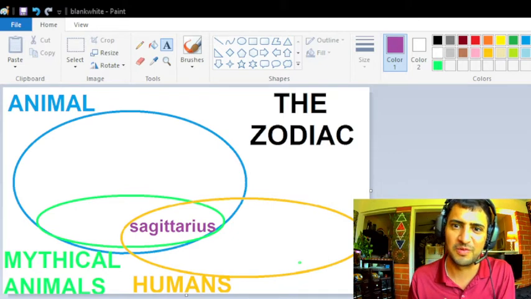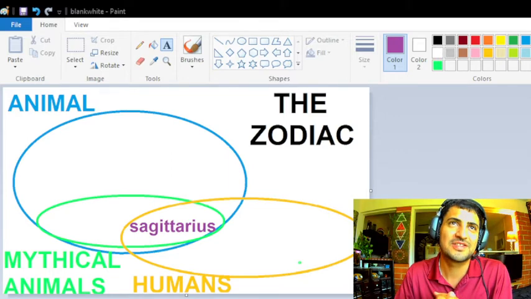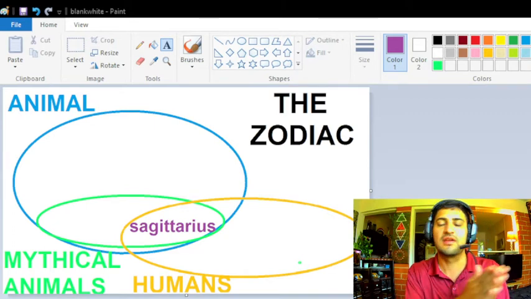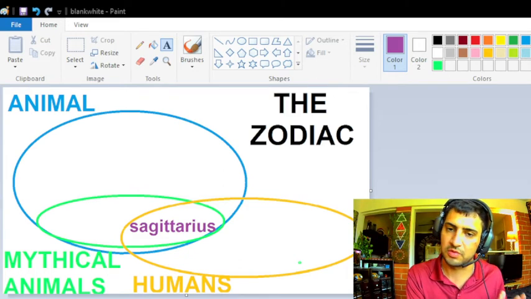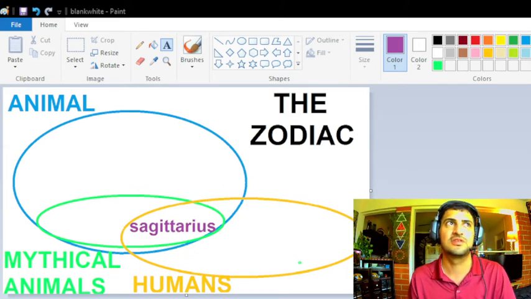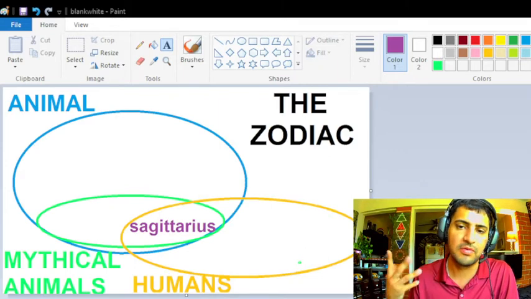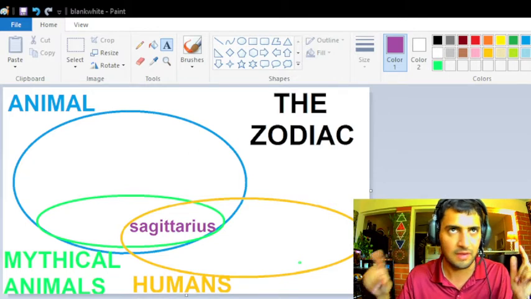Everybody's smart in their own way, but it's not so much smart or not smart. It's not that any sign is better. It's more intuitive versus analytical. All the animal signs are more intuitive. They're not so interested in analyzing a lot. You can see what I'm doing right now: I have a lot of human signs in my astrology. I'm constantly analyzing everything, thinking about everything.